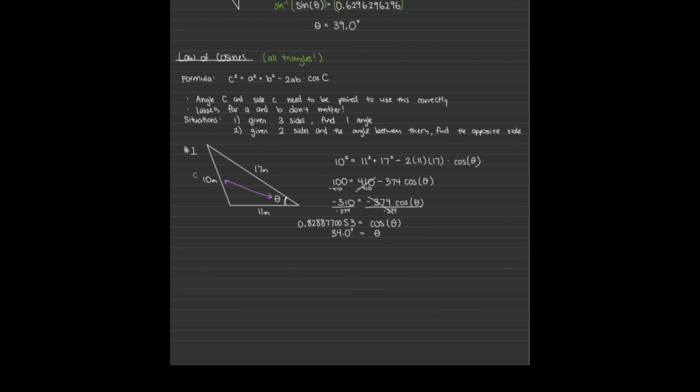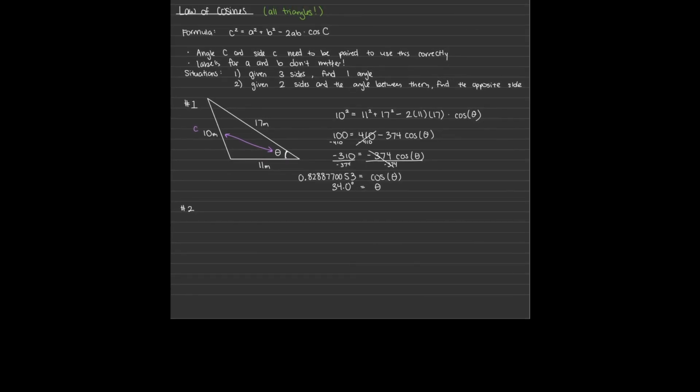And then let's see an example with situation number 2. It says we're given two sides and the angle between them. Given two sides and the angle between them. Let's see.